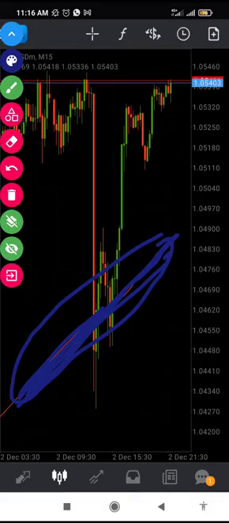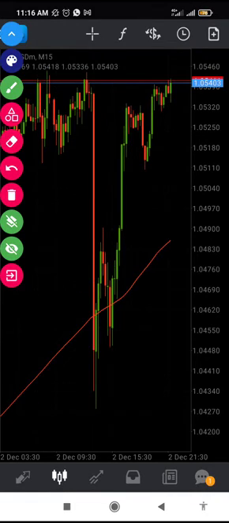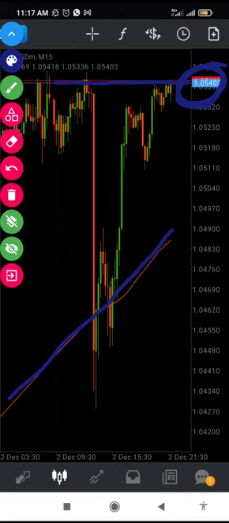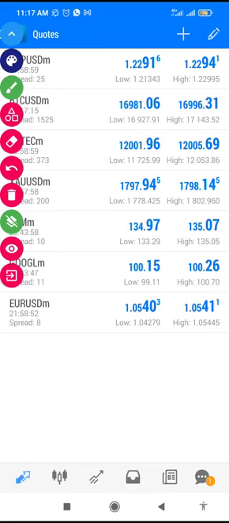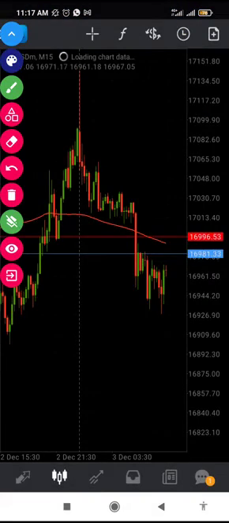This is price, the current price of the market. When price is above the moving average, it is an uptrend. If price is below it, it is a downtrend.